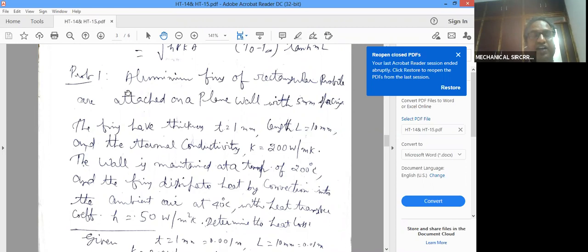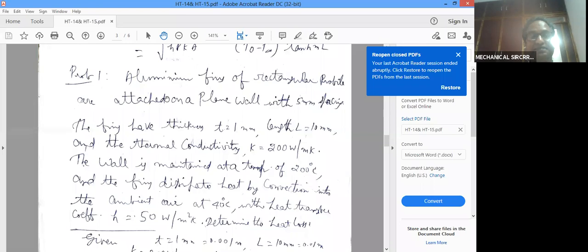Take up the first problem. Aluminum fins of rectangular profile are attached on a plain wall with 5 mm spacing.